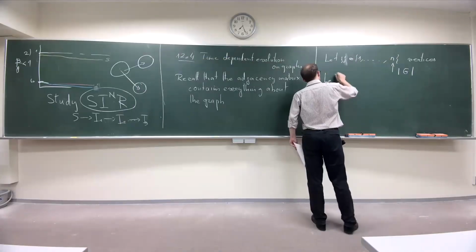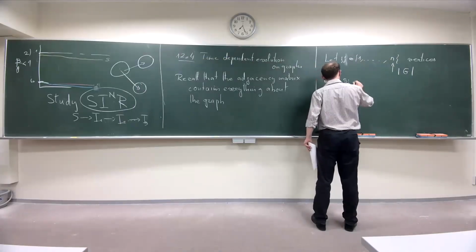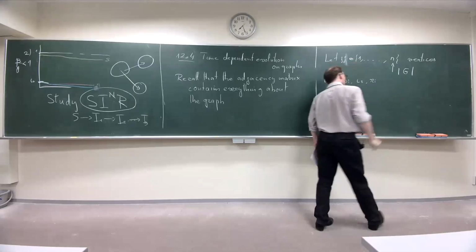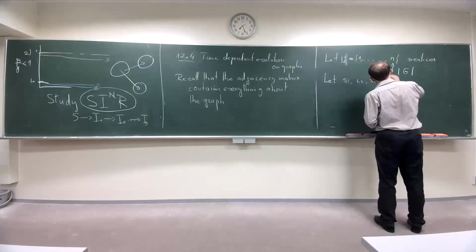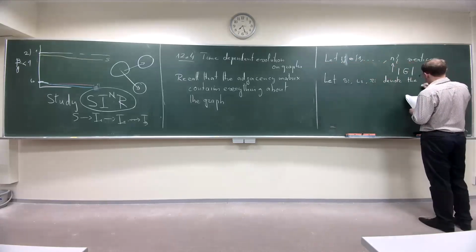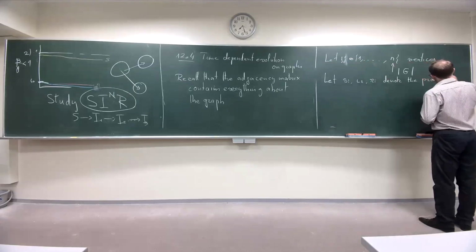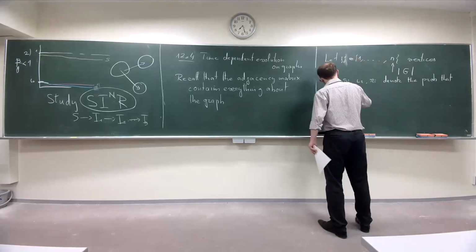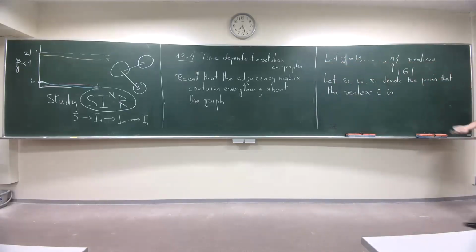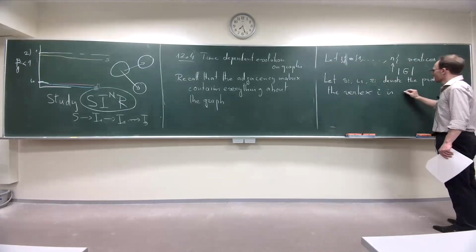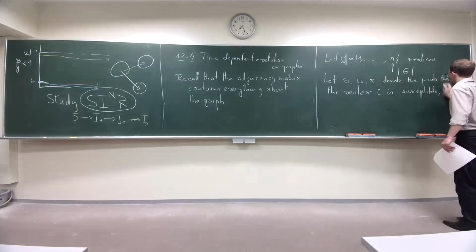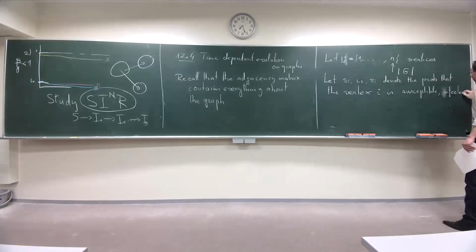And let now S_i, I_i, and R_i denote the probability that the vertex i is, be careful, it's not the derivative, the vertex i is susceptible, infected, or recovered.